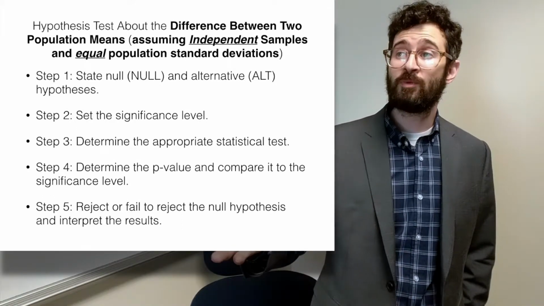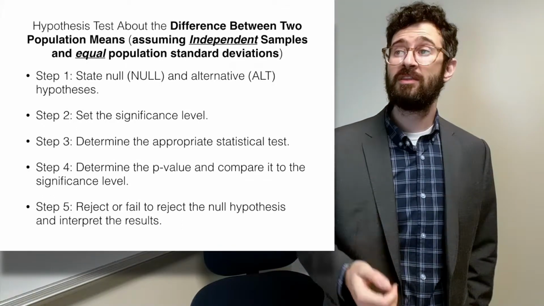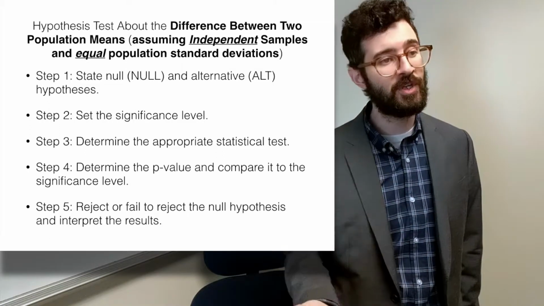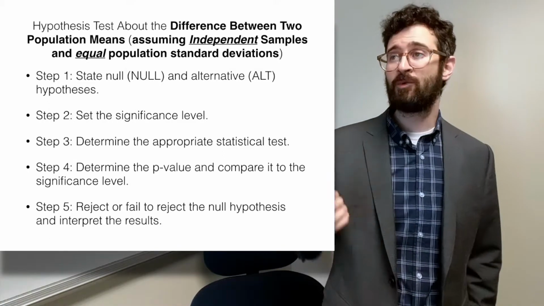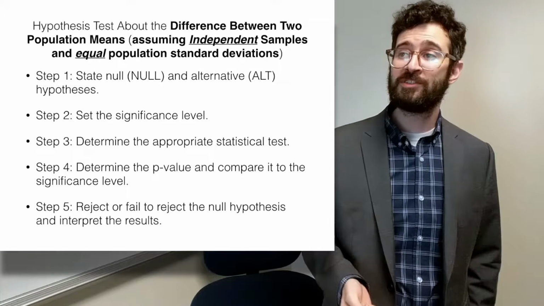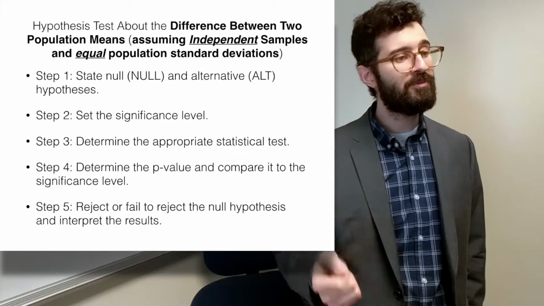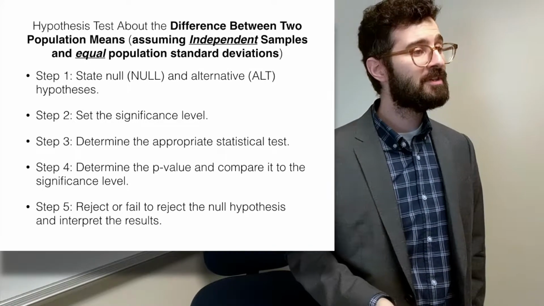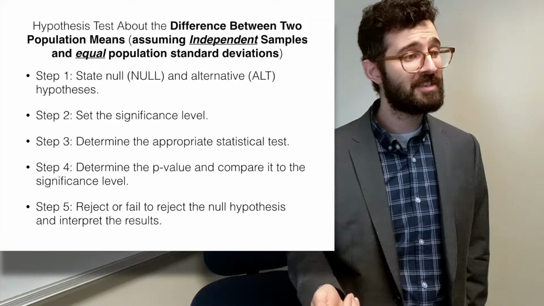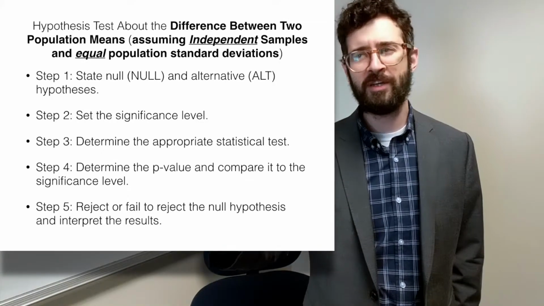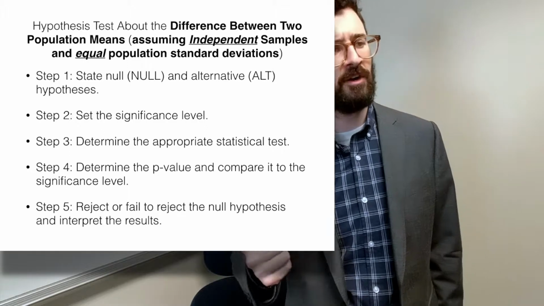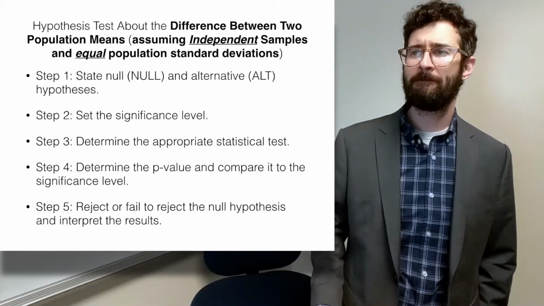So when we're in the situation when we want to compare the population means of two different populations, and when we can assume that the population standard deviations are equal, we follow these 5 steps for conducting a test of hypotheses. So step 1, we state our null and our alternative hypotheses.